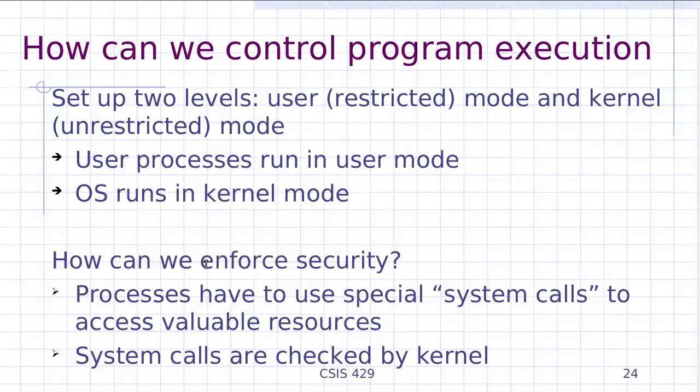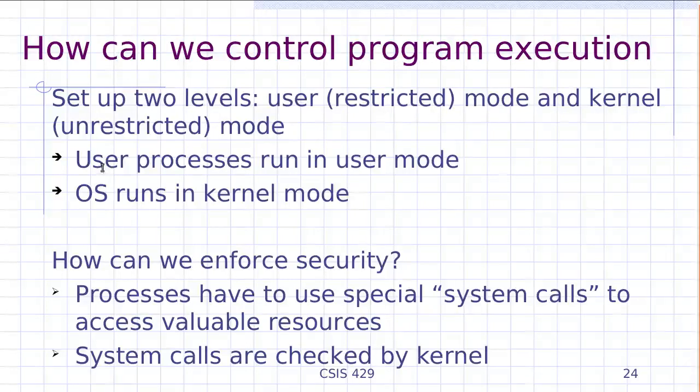The main way we do that is to set up two levels: user mode and kernel mode. User mode is restricted. You can only access some parts of the memory, unlike DOS, where you can access anything you want in your program. And kernel mode, where you can access everything, but this is only for trusted, basically operating system programs that can run in kernel mode.